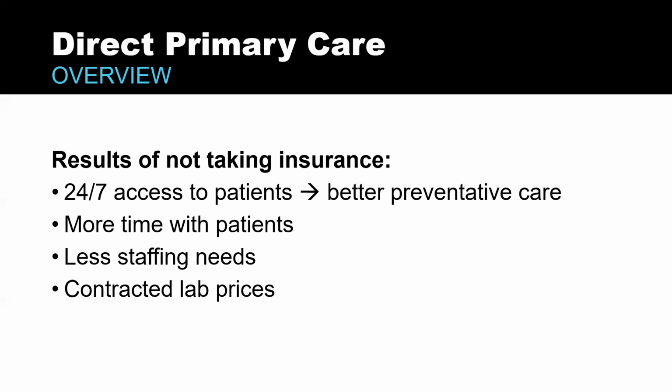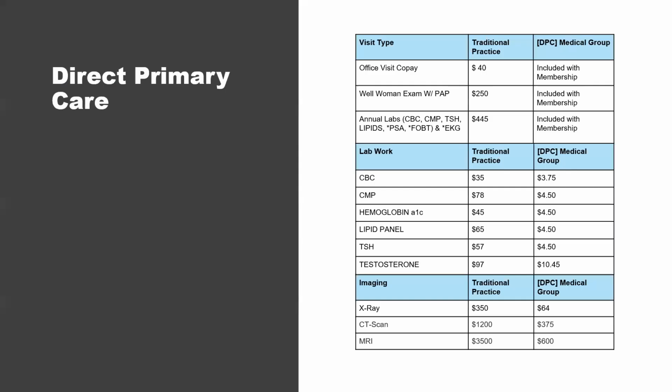And then contracted lab prices. So we talked about before in part 2 how, depending on your insurance company and which state you live in, your cost of a complete blood count could be $11 or it could be over $1,000. So let's see what a CBC, complete blood count, would be with direct primary care. Under a traditional practice, they're saying it would cost about $35.